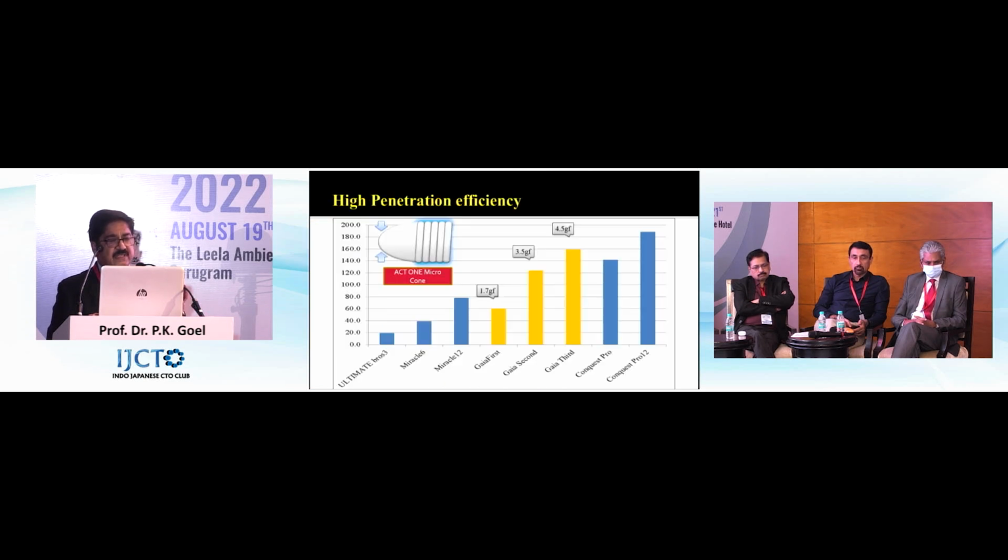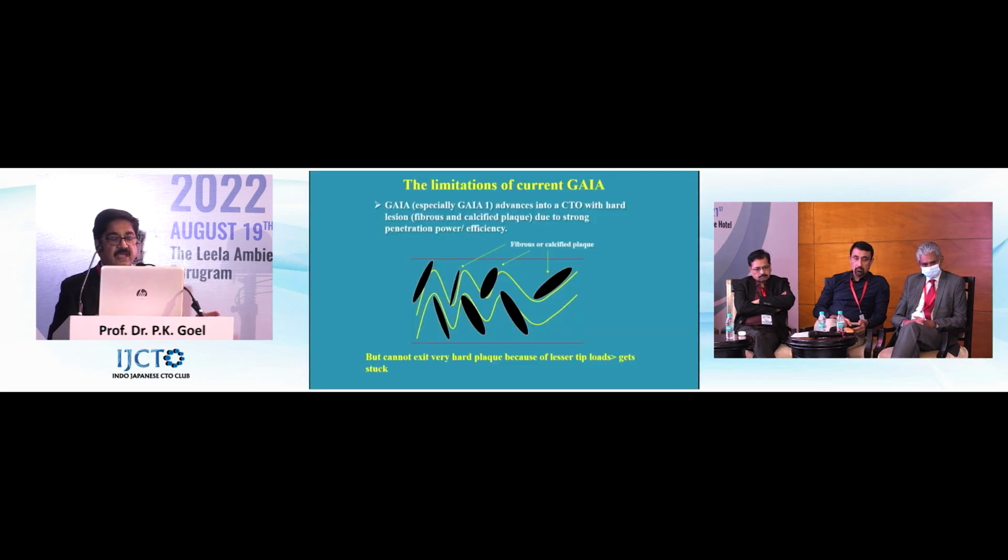So now within these wires, the Gaia 1 has only a tip load of 1.7 grams, but penetration efficiency is close to Miracle, more than Miracle 6 or 9, 12 somewhere. And the Gaia 2nd, 3.5, and Gaia 3rd, 4.5 grams only, but its penetration efficiency is more than Conquest Pro. This is a picture which explains what happens because of the better penetration efficiency.